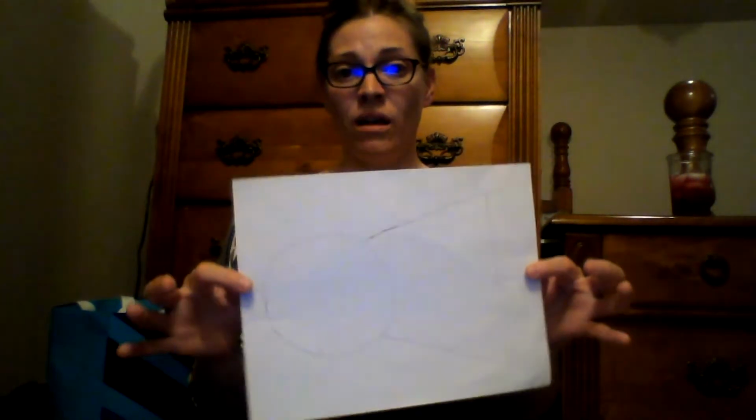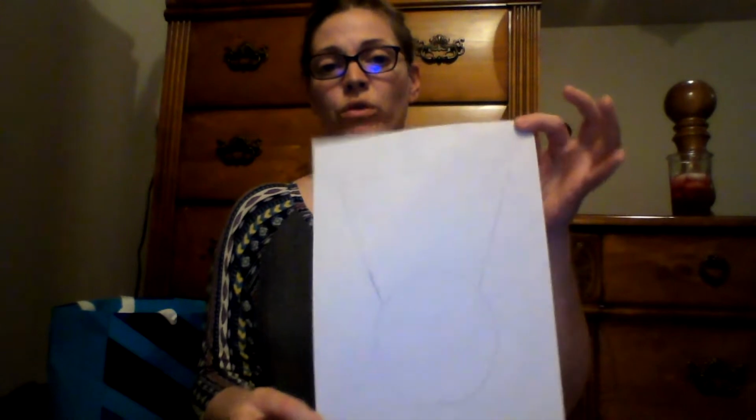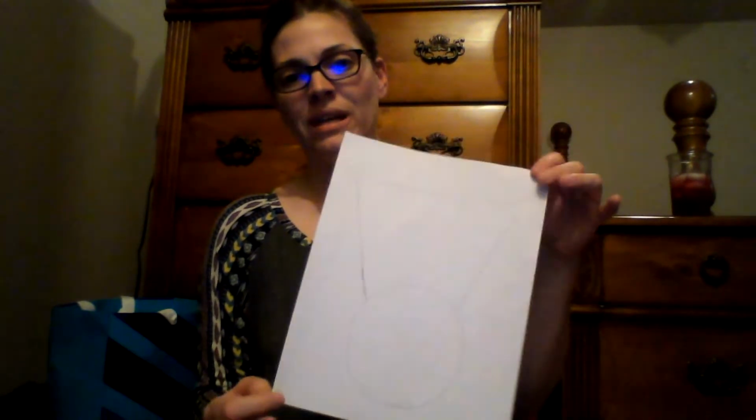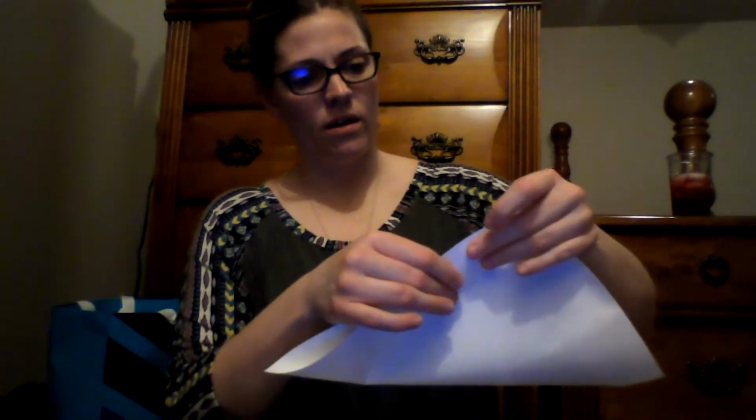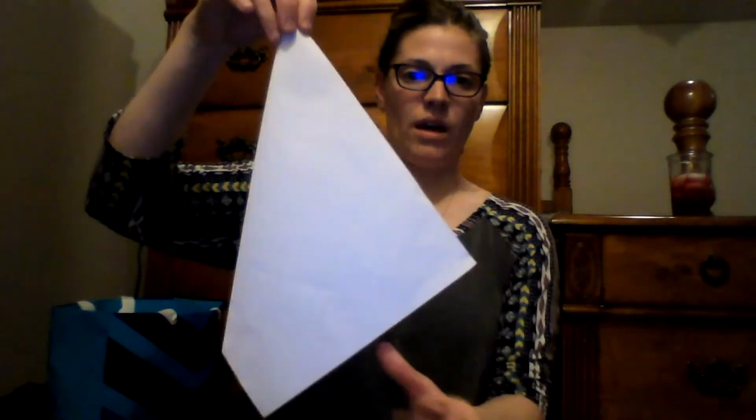Most paper is rectangular, so if you do have a rectangular piece of paper, there's an easy way to get that perfect square. You just want to take this side over to this side and match those up completely. And then what you should end up with is like that, okay?